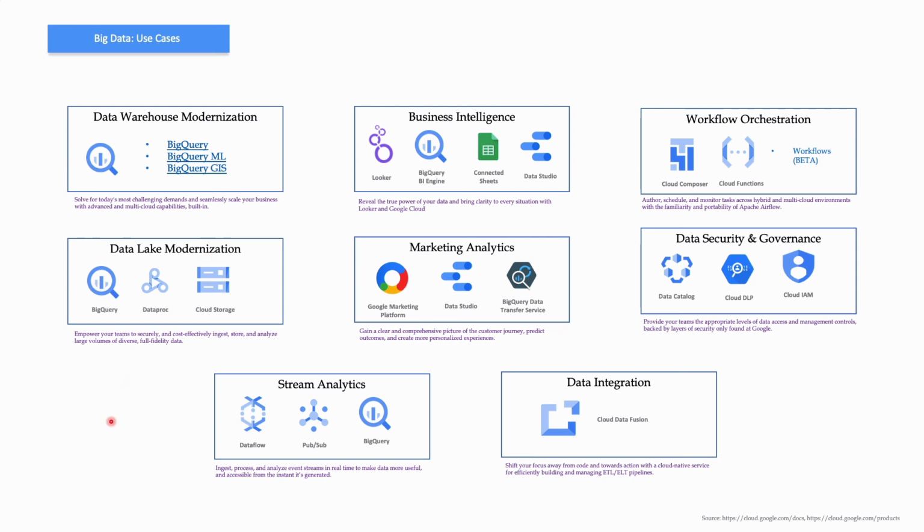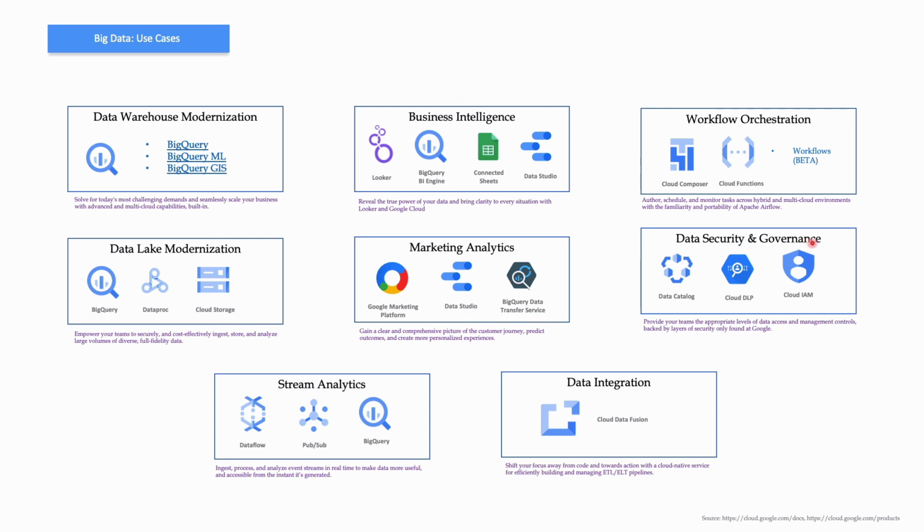Data Lake Modernization to empower your teams to securely and cost effectively ingest, store, and analyze large volumes of diverse, full fidelity data. BigQuery, Dataproc, cloud storage, marketing analytics, Google Marketing Platform, Data Studio, BigQuery data transfer services.